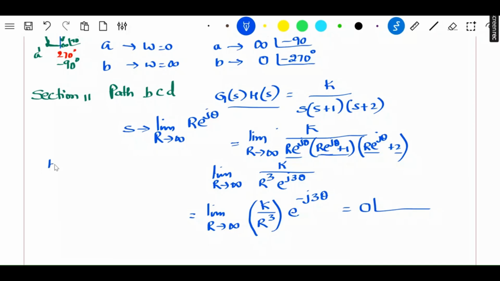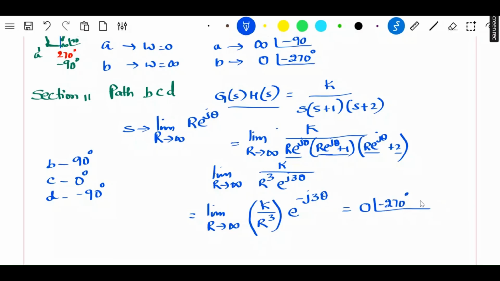We know that in the previous 2 videos we have discussed this angle at B, C and D. We know that angle at B is 90 degree, angle at C remains to be 0 degree, angle at D remains to be minus 90 degree. Therefore, here it is 3 times 90 degree, minus 3 times 90 degree. So when the angle is plus 90 degree, it is 3 into 90, which is minus 270 degree.